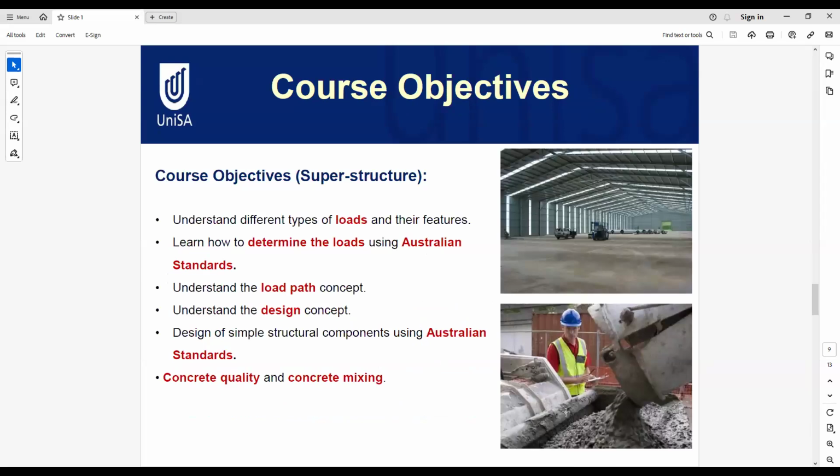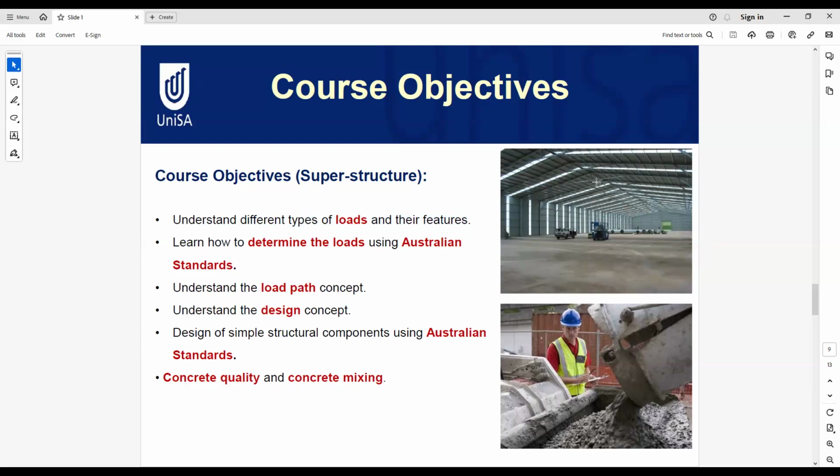And here is the course objective and what we will be looking at during the course. For the superstructure part, our objective is understanding the different types of loads and their features. For example, if we have a warehouse or a shed like in this picture, what are the structural elements supporting this shed?